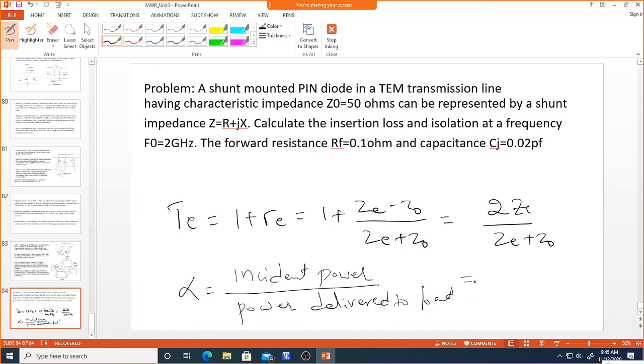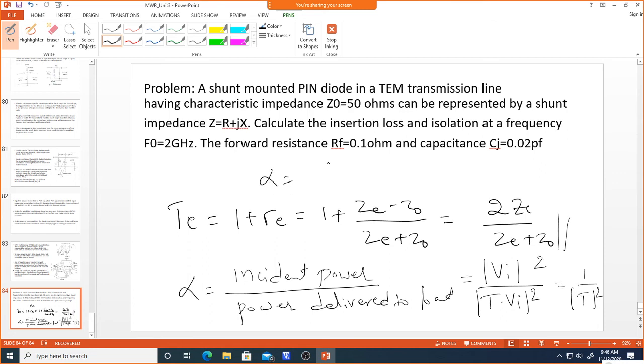We can calculate the power by using the incident voltage and the transmitted voltage. The transmitted voltage we can write as T into VI square. So this will give 1 over T square, so you put the impedance equation in this and you will get alpha.